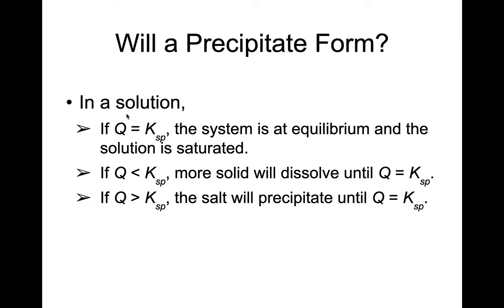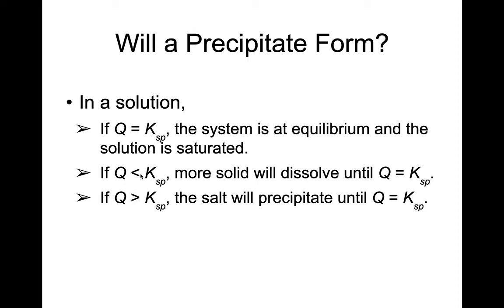If Q is equal to our Ksp, that means the system is at equilibrium. The solution is saturated. The solution has dissolved all of the compound that it's going to, and it's at equilibrium.